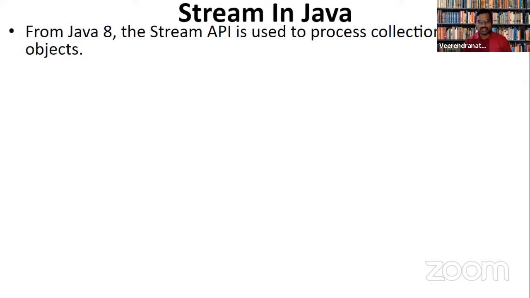It was an API used for processing collections of objects, meaning collections of elements. A collection of elements can be a collection of numbers, strings, or various other data elements.